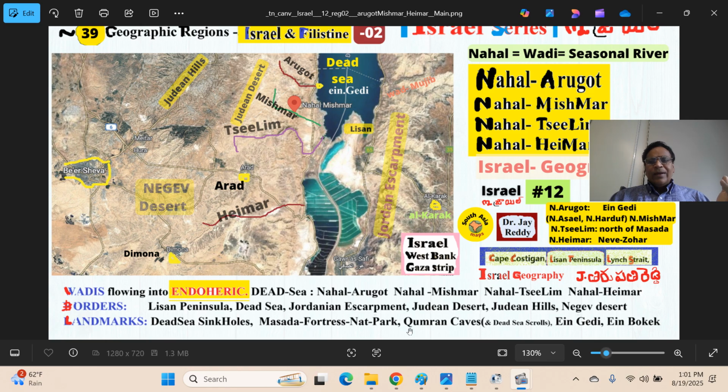And there are the caves called Qumran Caves where the Dead Sea scrolls were discovered. And there is the hotel establishment, a popular tourist destination, Ein Gedi and Ein Bokek are in this area. You can see Ein Gedi here and Ein Bokek will be somewhere here.